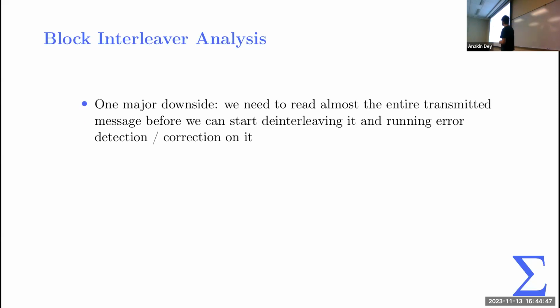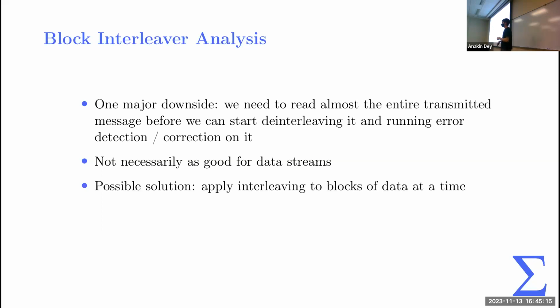Okay. So the block interleaver seems pretty good. We spread out errors, but we pretty much need to read the entire message before we can start to interleave or de-interleave it. For sending small messages, this doesn't matter. But if we have a large data stream where we're continuously reading and updating data, this isn't necessarily as good.